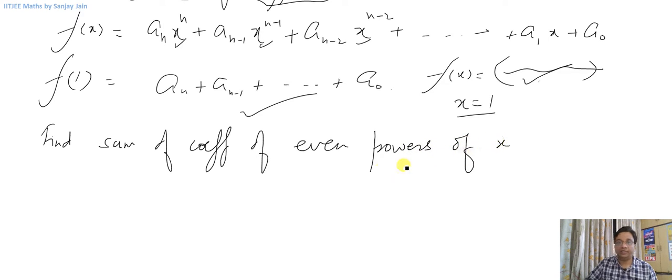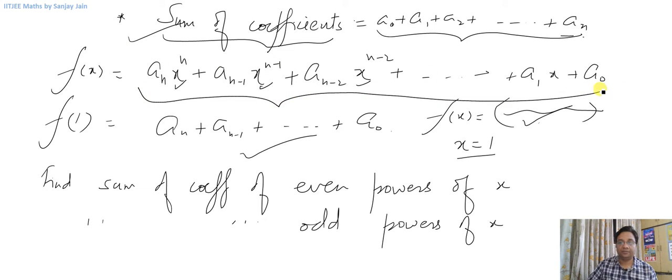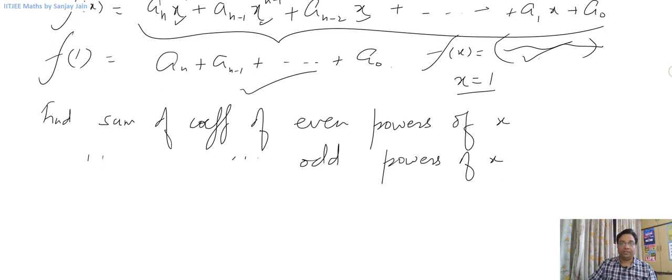A second question on sum of coefficients can be asked: find the sum of coefficients of even powers of x, or similarly, another question can be asked about the sum of coefficients of odd powers of x. Now consider this general polynomial once again. When you do f of 1, you got this sum of coefficients. Now you do f of minus 1.